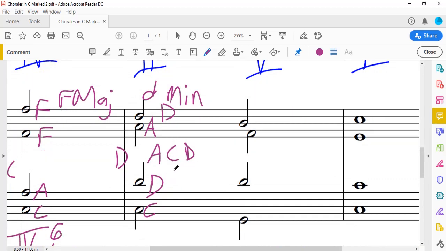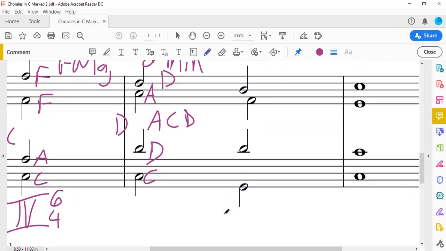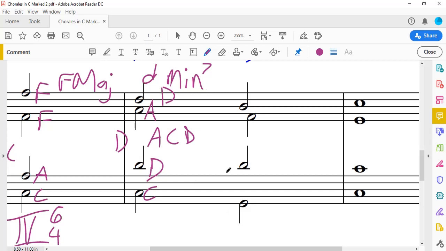That's going to make this a D minor 7th chord, because C is a minor 7th above D, which is our root. So we have D minor 7, but it's also not in root position. If this lowest note were a D, it would be in root position.